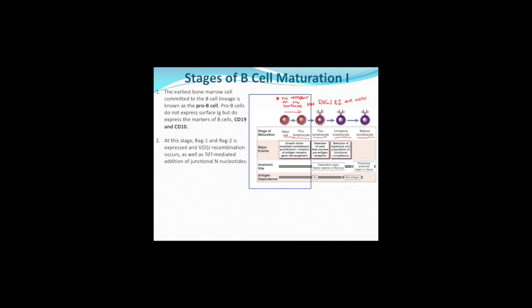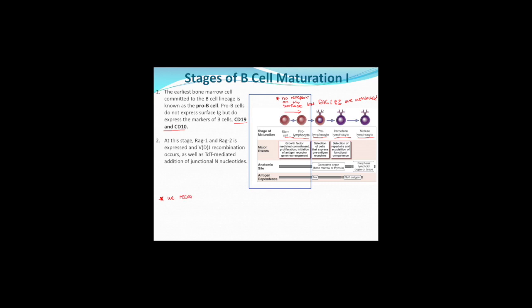In addition, with this DNA activity that's happening in the cell, it's also causing the cell to express these two markers called CD19 and CD10. I'll talk about CD antigens later, but all you need to know here is that we recognize B cells based on the expression of these two surface proteins, CD19 and CD10.